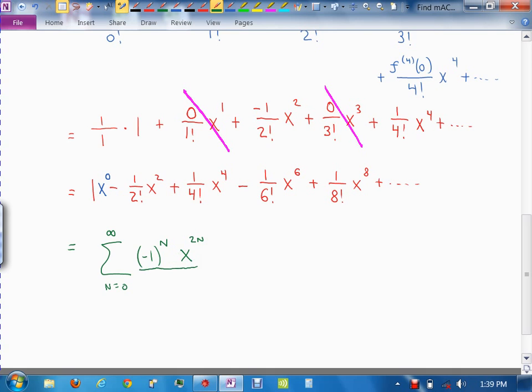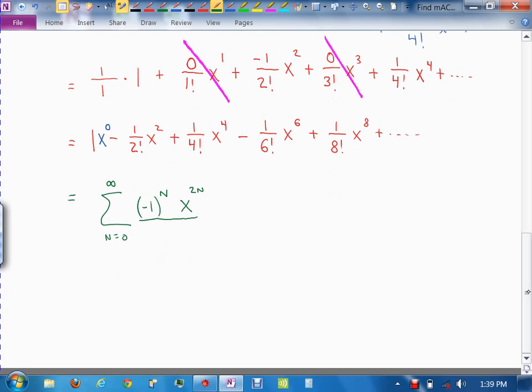All over. Tell me about the factorials. What about the factorials? They're the same as the powers, aren't they? 6, 8. So 2n factorial in parentheses. And what would I get if I plug 0 in here for n? I get 2 times 0, which is 0.